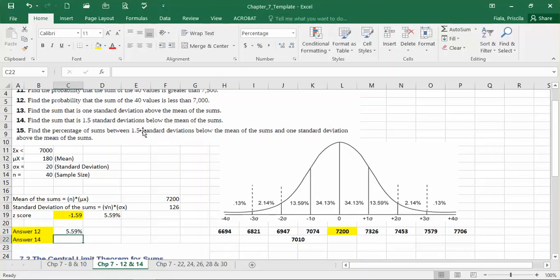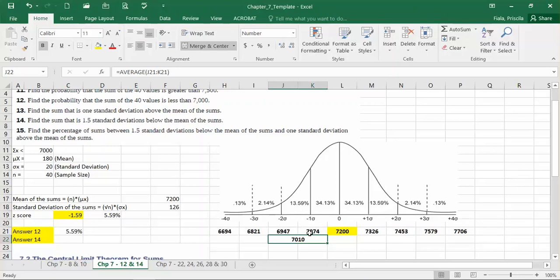Okay, and now we're going to be doing problem 14: find the sum that is 1.5 standard deviations below the mean, so minus 1 standard deviation. Well, remember I averaged right here, because if we do an average between 1 and 2 standard deviations, that's going to be my 1.5. 1 plus 2 is 3, divided by 2 is 1.5.